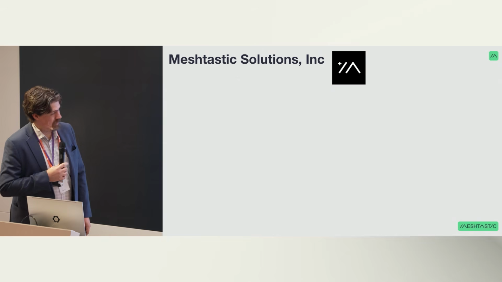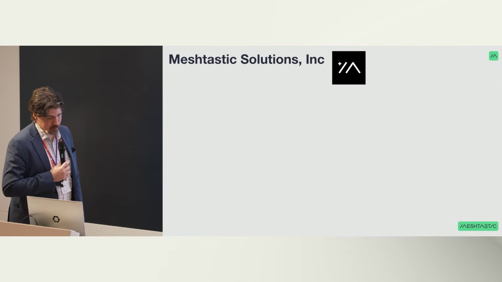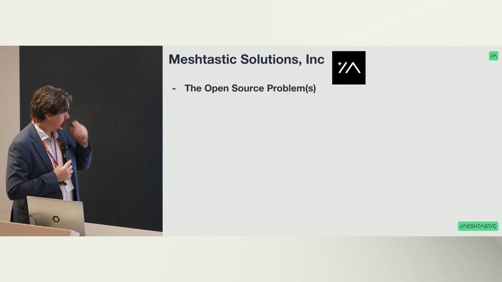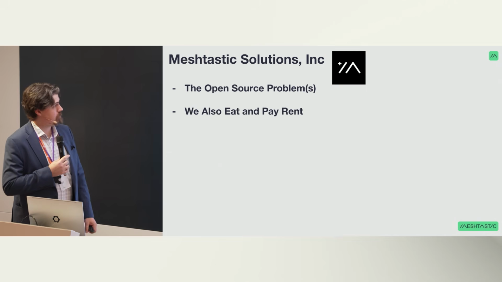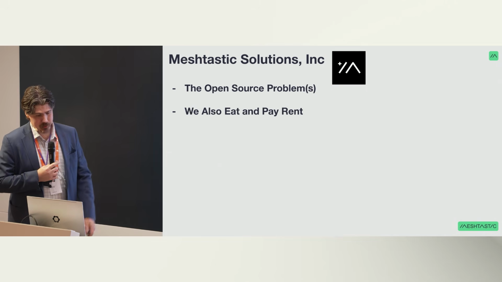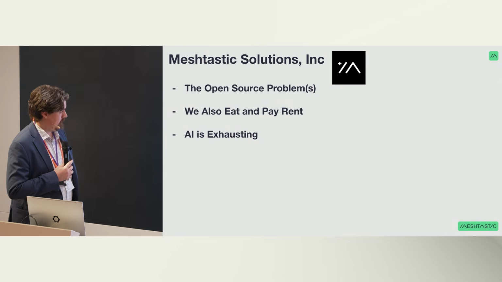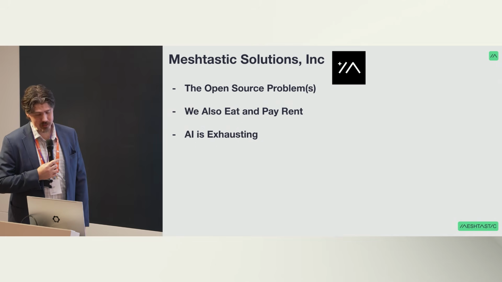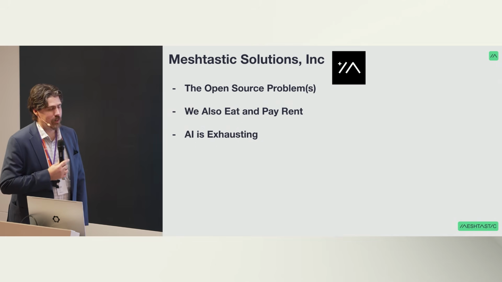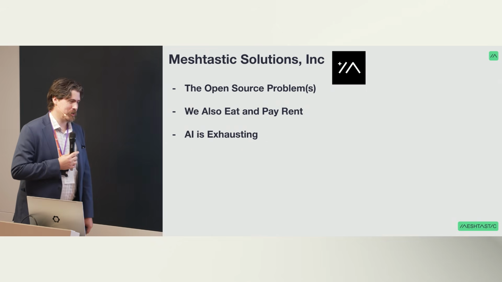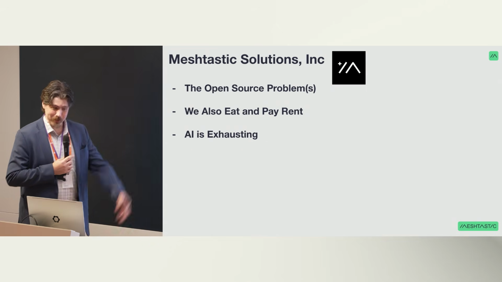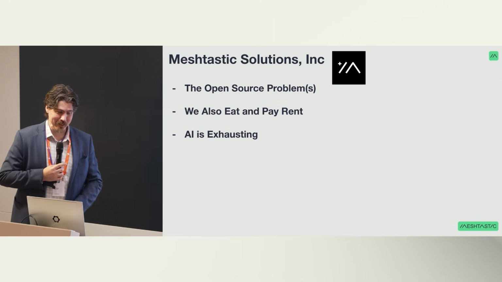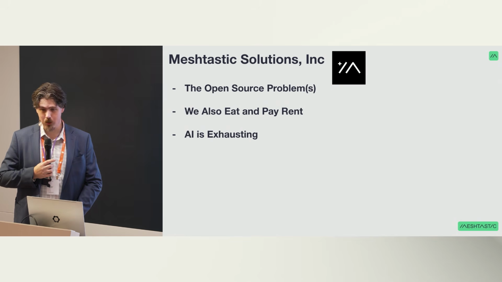And then, if that wasn't controversial enough, we decided to make a business. Because we have the open source problem, which essentially boils down to, we also have to eat and pay rent. And AI, for all of the great things it has done for us, is also exhausting. Because you'll have one overly eager individual open 10 pull requests, and then when you ask them about it, they say, oh, I'm so sorry, I didn't realize Claude was opening pull requests.